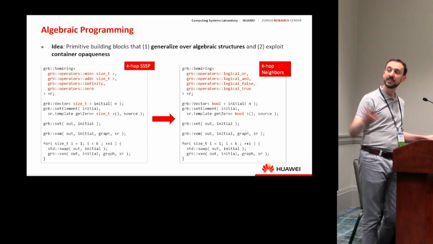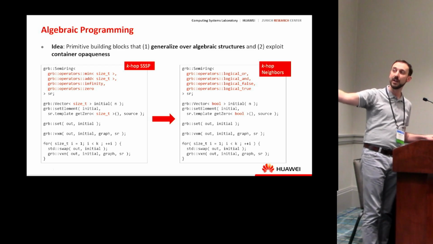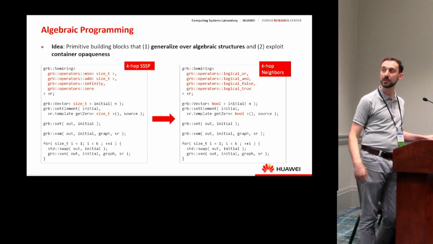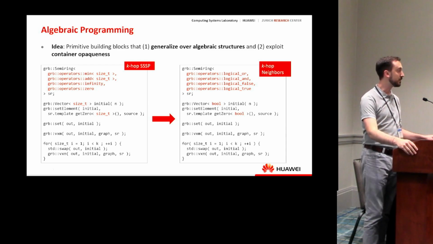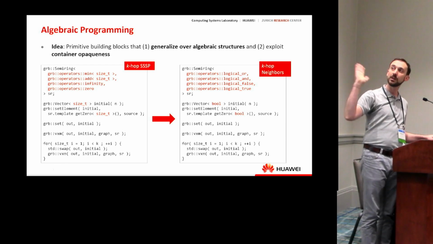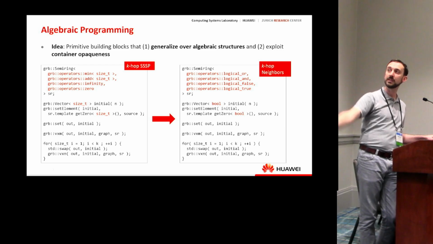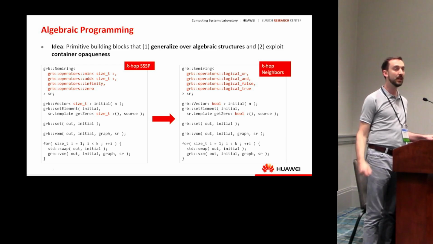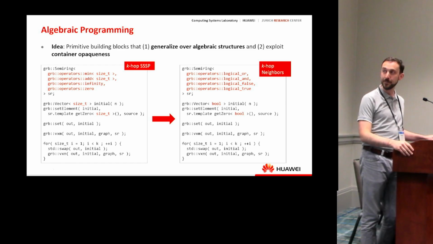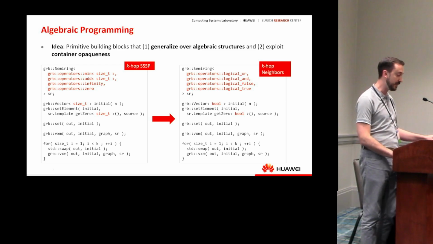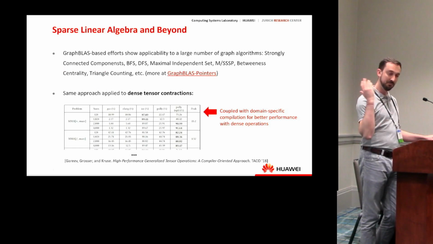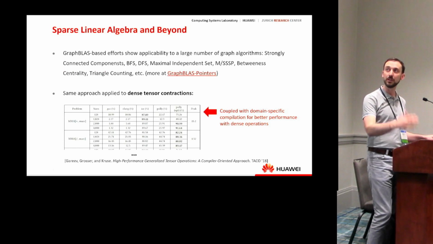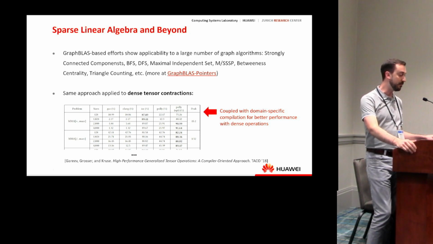And all of a sudden, even if the program doesn't vary much, I'm just changing the concept of semi-ring and the concept of set associated with the container, and we are going from an implementation of the k-hop SSSP to k-hop neighbors, for example. So it's just basically varying the logic associated with the semi-ring. This has been, in the GraphBLAS context, explored for many algorithms.